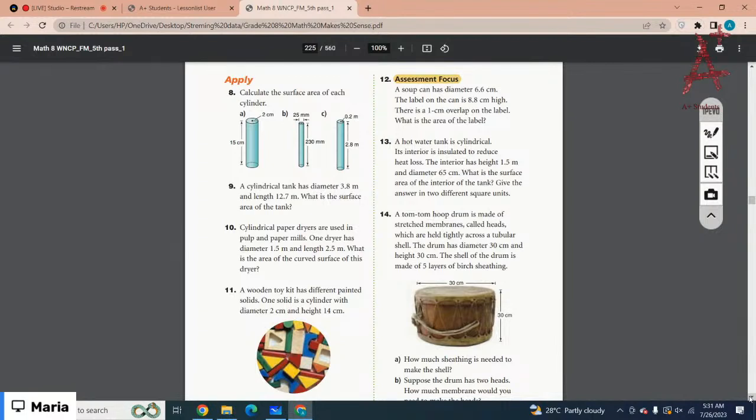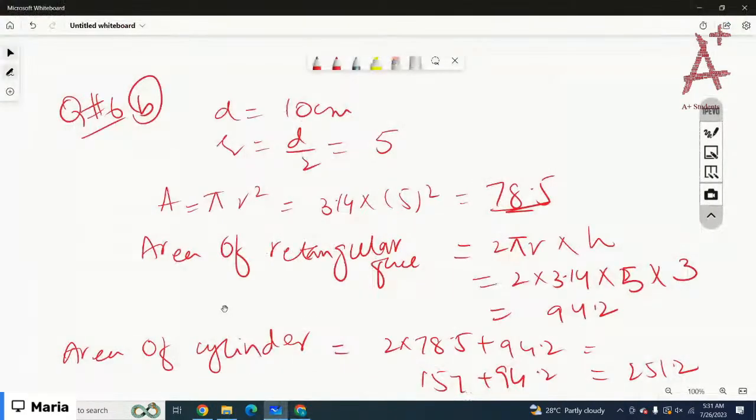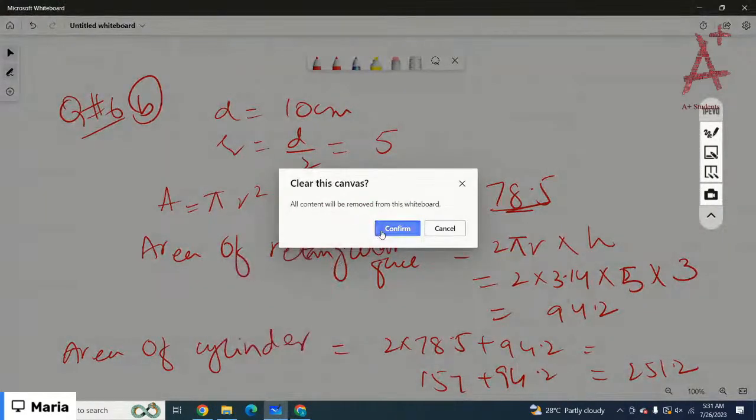Okay, diameter 3.8 and length 12.7. Question number 9 it is.